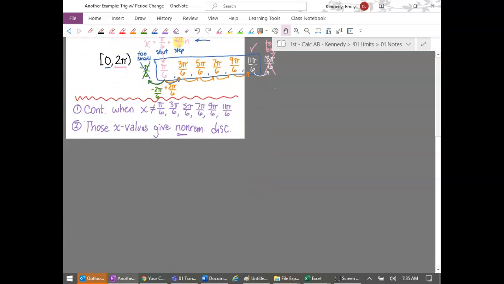And that's also another way to know that we have a non-removable discontinuity at each of those points. Even if you didn't remember the graph had vertical asymptotes, just looking at the function, a non-zero on top, but these 6 numbers give me a 0 on the bottom. Therefore, I have a vertical asymptote. Therefore, it's a non-removable discontinuity.